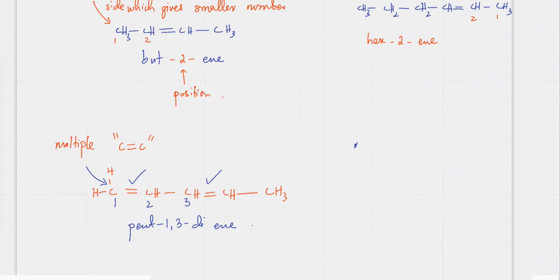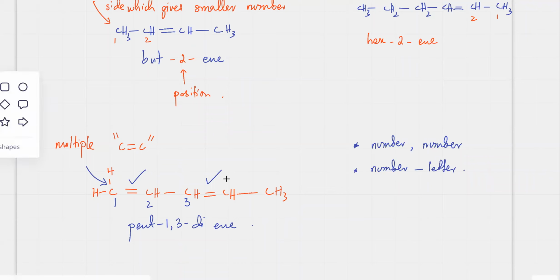Yes, sir. As a plus, you've got to know one more thing, and that is when you're writing the name, when you have 2 numbers together, there's going to be a comma between them. And when you have a number next to a letter, there's going to be a dash between them. So you have to follow this.